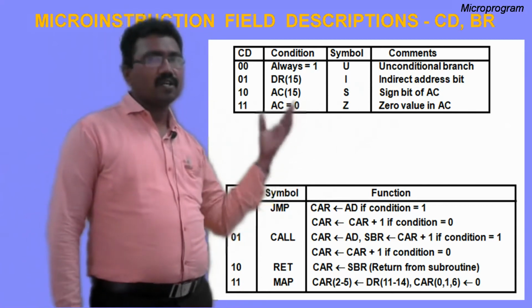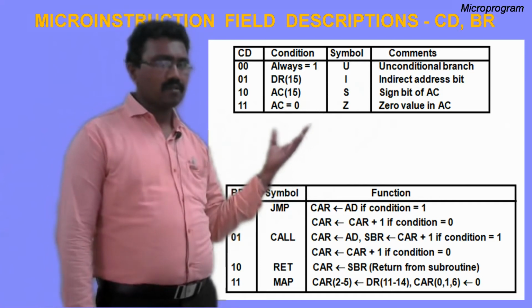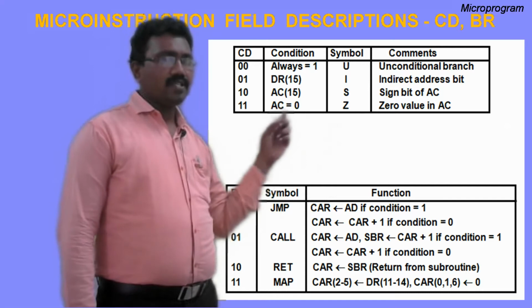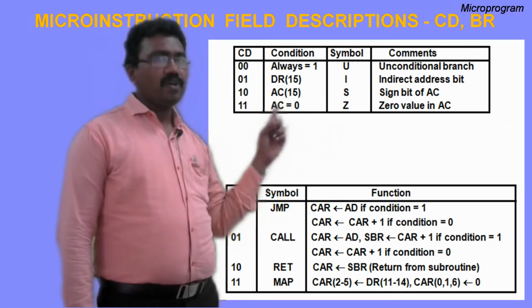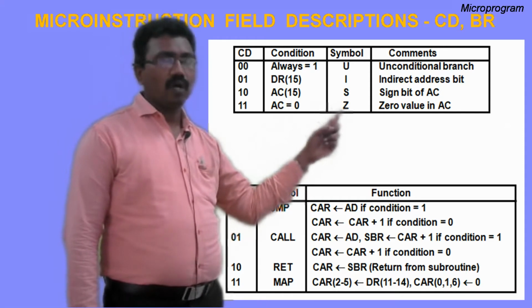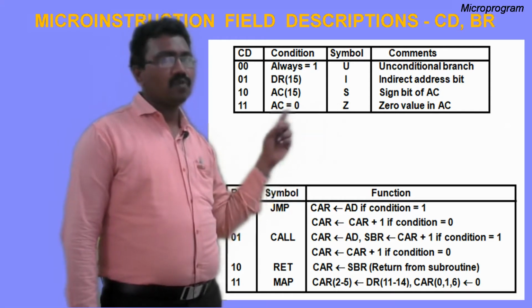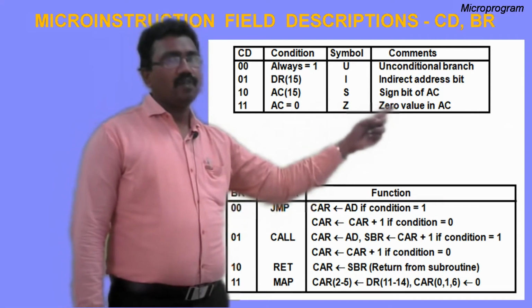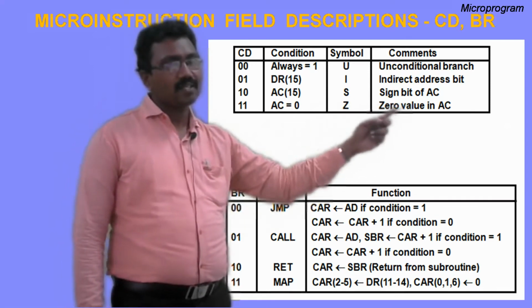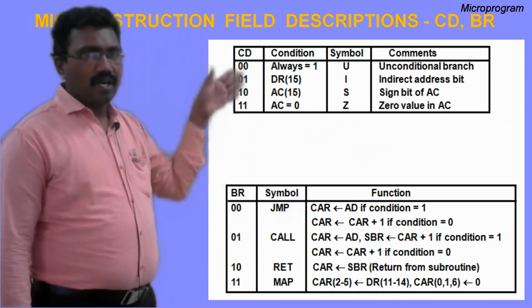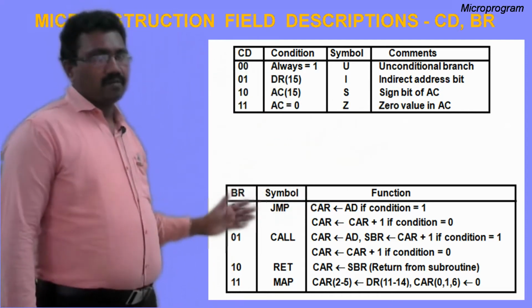At that point, if the accumulator content is equal to 0, then the zero flag Z is equal to 1. If AC content is not equal to 0, then Z is equal to 0. A 0 value in AC is nothing but the condition is true. Okay, so this conditional field provides the condition for the branch.